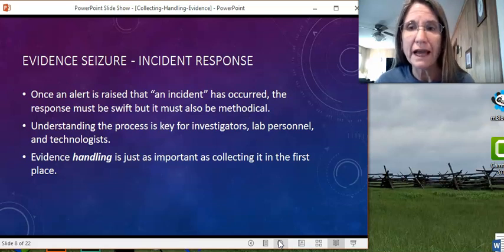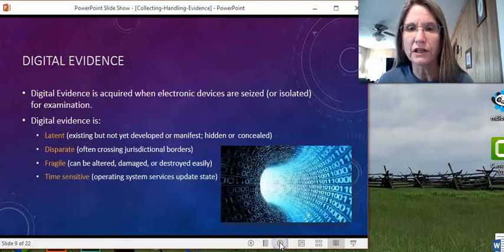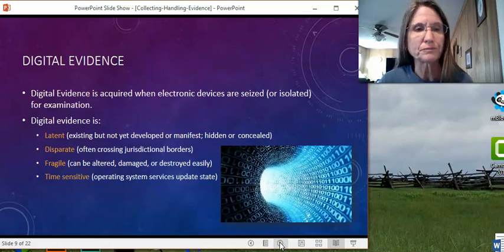So the evidence handling is just as important as collecting the evidence in the first place.